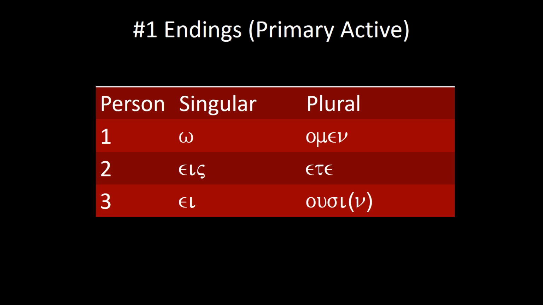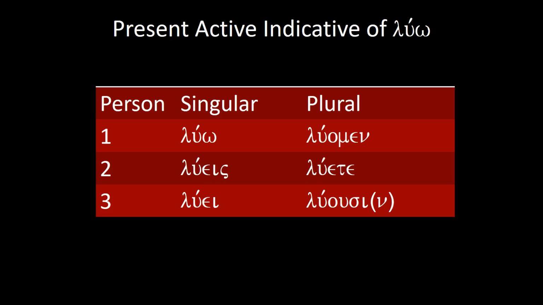The connecting vowels are omicron before mu or nu, or epsilon before everything else. So this is what the present active indicative looks like: the stem plus number one endings. And remember, those connecting vowels are built into the endings.